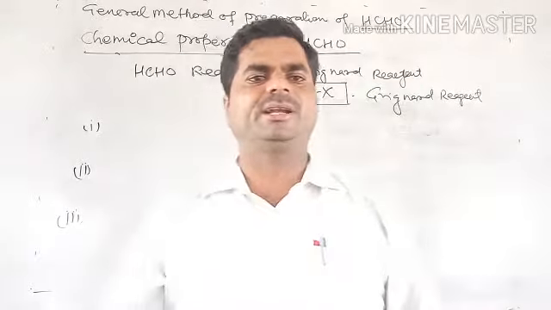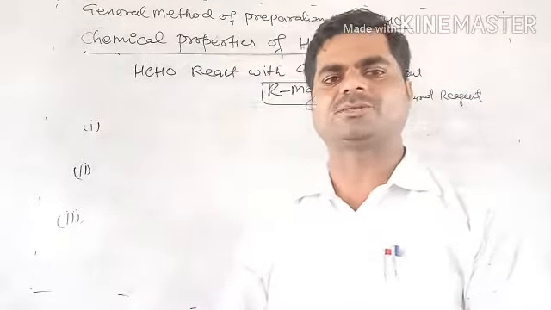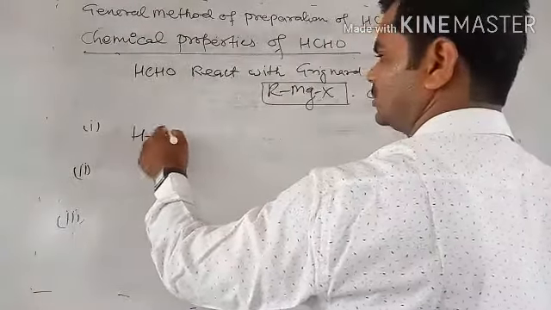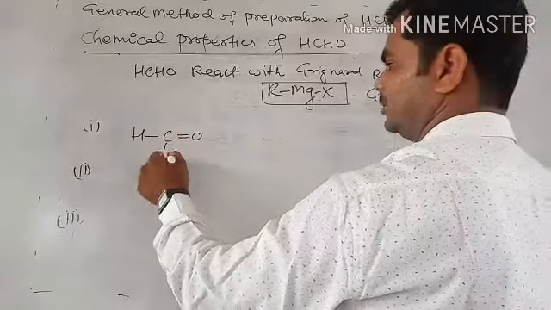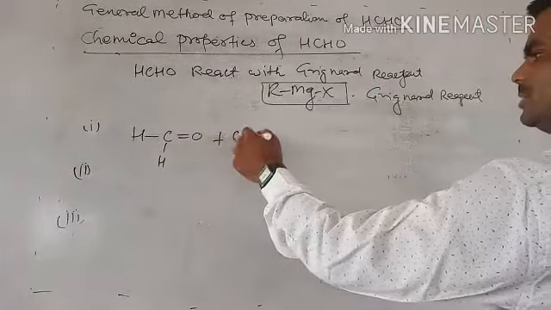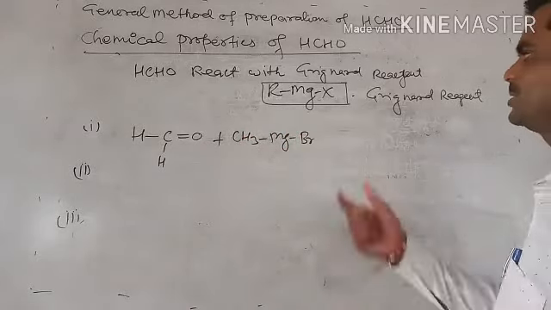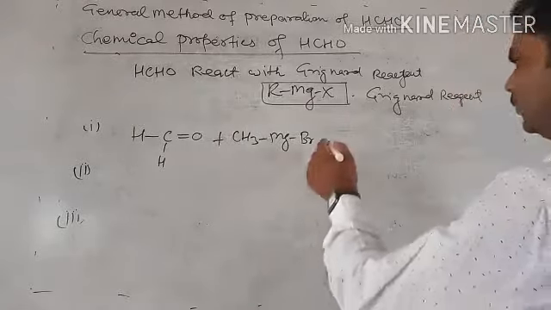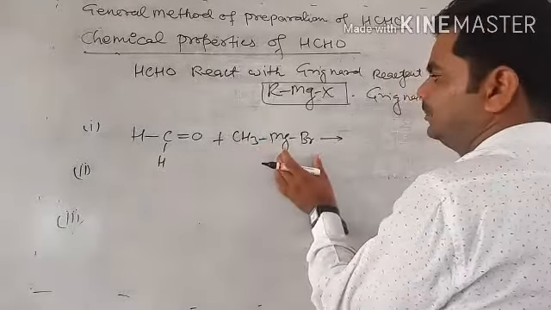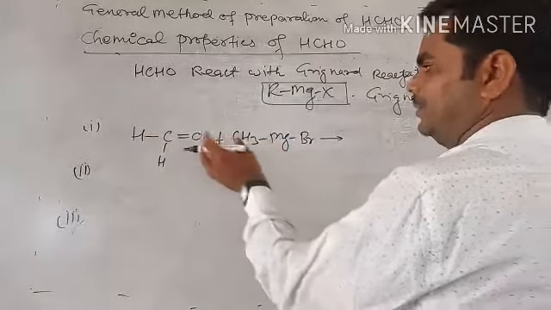When formaldehyde reacts with Grignard reagent, this reaction is responsible for the formation of first degree alcohol, just like HCHO. This formaldehyde reacts with CH3MgBr. Suppose in case of X we write bromine here. What happens on the addition of CH3 and MgBr? The CH3 carbon and the MgBr add with the oxygen atom.